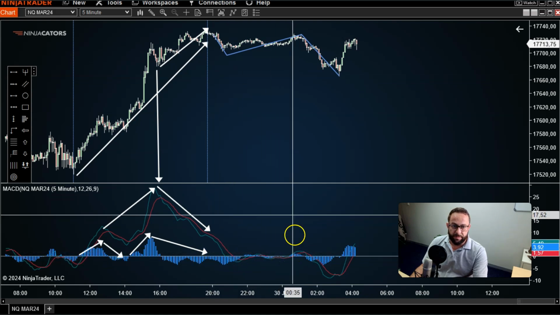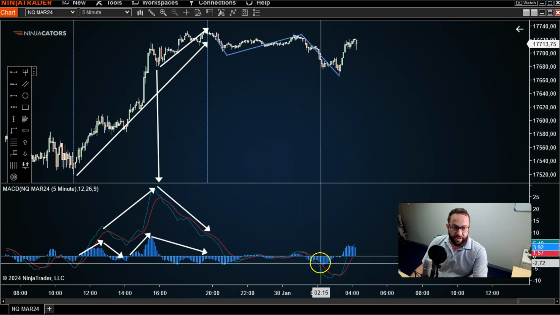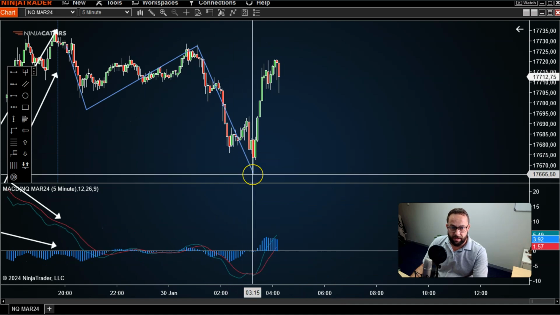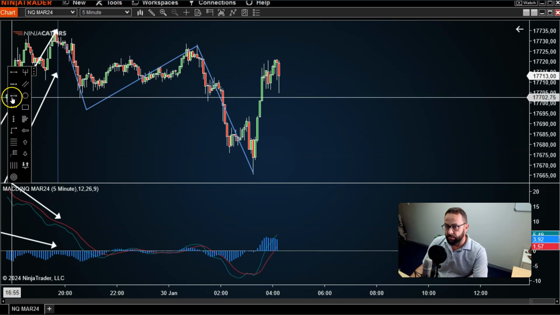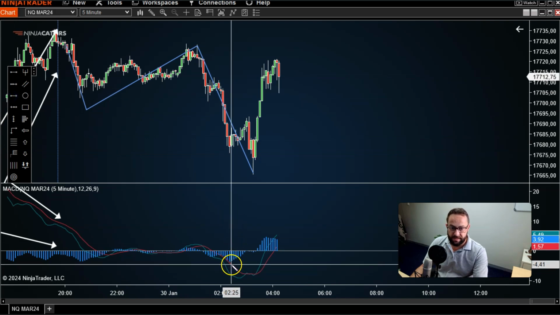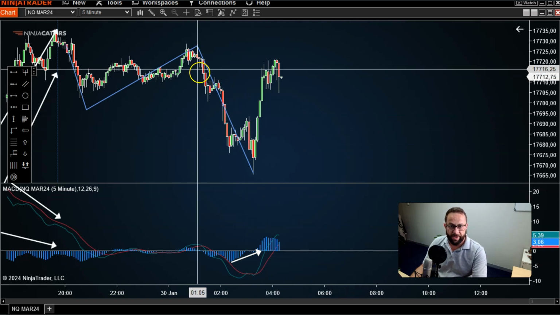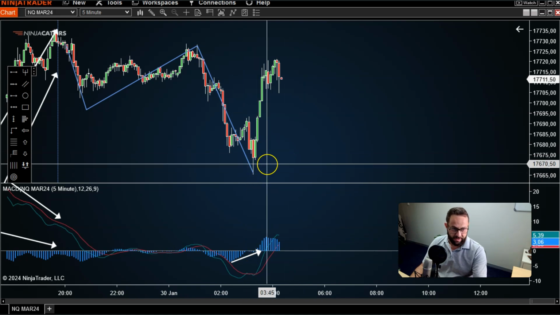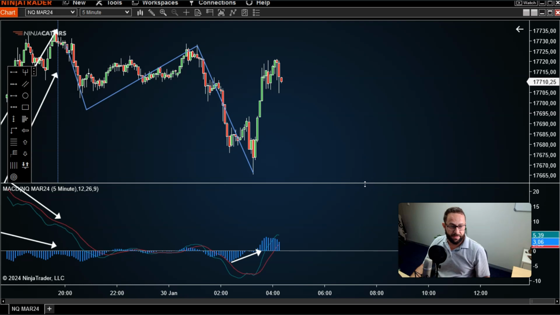We had this little bump to the upside, did not make a new high, and then price moved lower again, and between this lower low and this lower low over here, we had momentum basically drying up, so diverging compared to what price was doing, in this case punching new lows, but the momentum was actually drying up, leading to another strong bounce back to the upside.